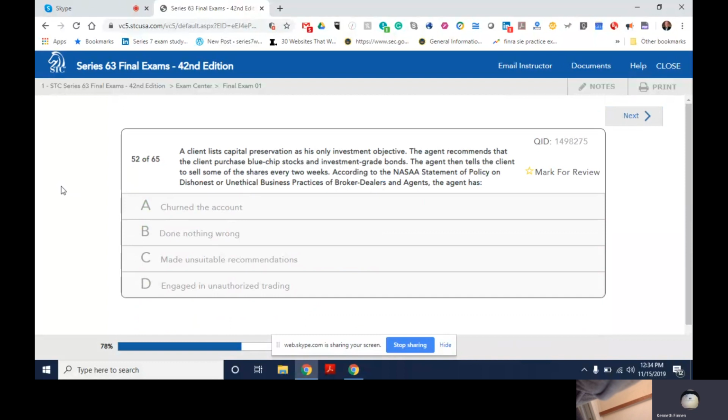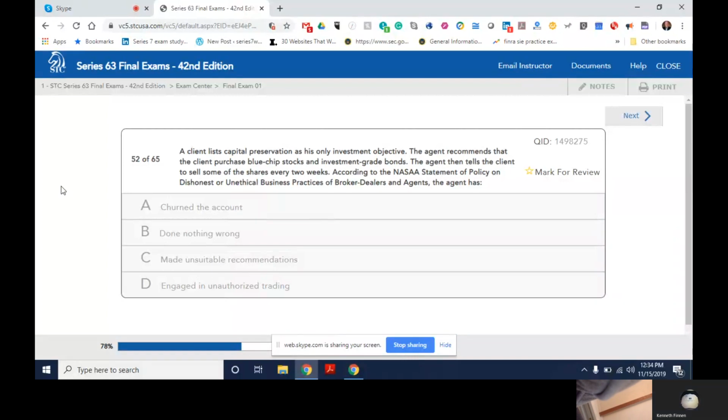A client lists capital preservation as an objective, so I'm thinking treasuries. The agent recommends that the client purchase blue chips and investment grade bonds. The agent tells the client to sell some of the shares every 2 weeks. According to NASAA, the agent has: done nothing wrong? No, that's not true. Made unsuitable recommendations? Maybe. Engaged in unauthorized trading?